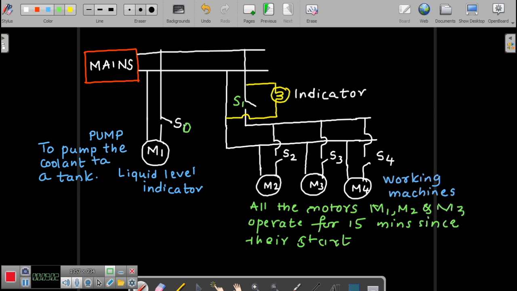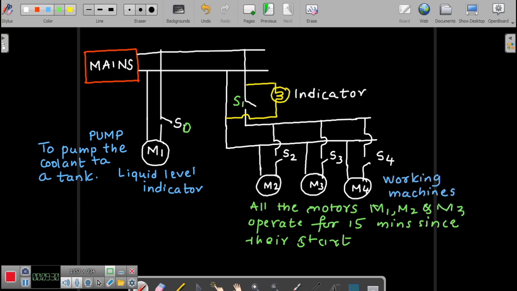So now you try to correlate with the sequential function charts, wherein you have got the start, then you have got the transition, right, or some input, then the transition, then the output. This is what we have already seen earlier, right? So now S0 is one action input. So your motor getting started or the pump getting started, the coolant is getting filled in the overhead tank, right?